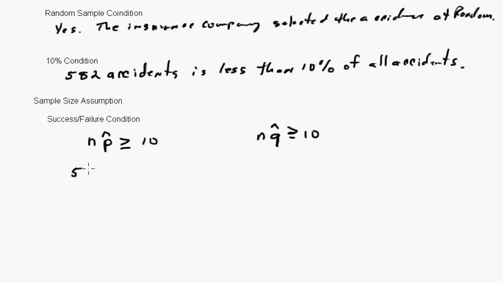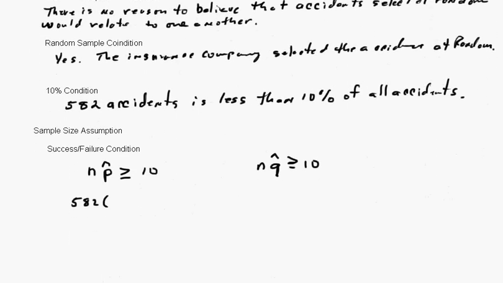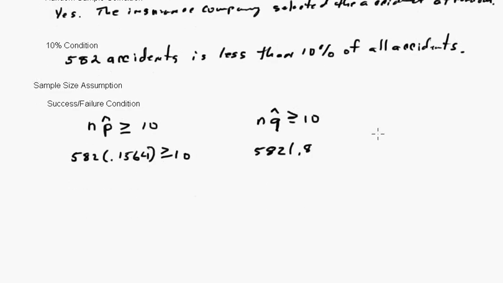So n is 582 times 0.1564, and I want to make sure this condition is true, and then 582 times 0.8436.